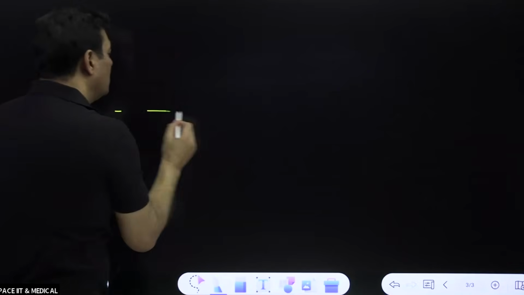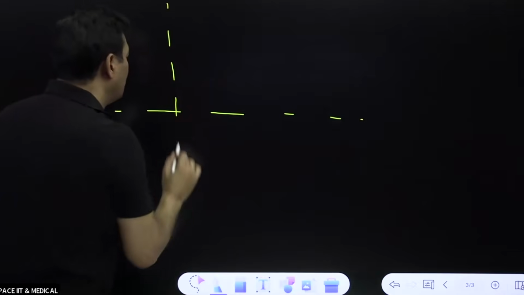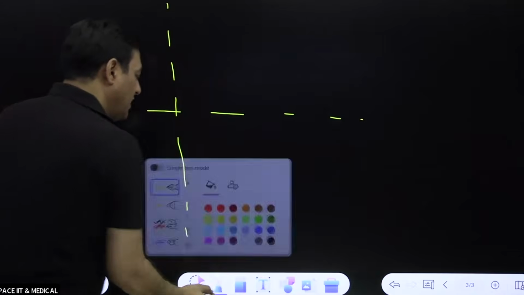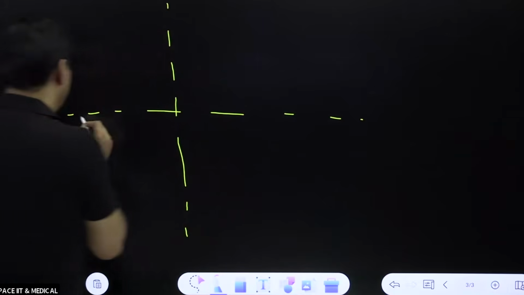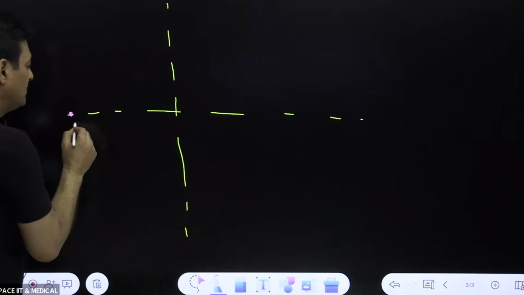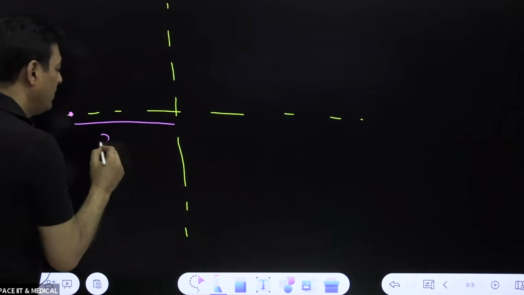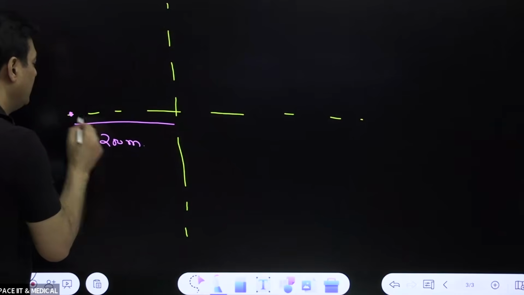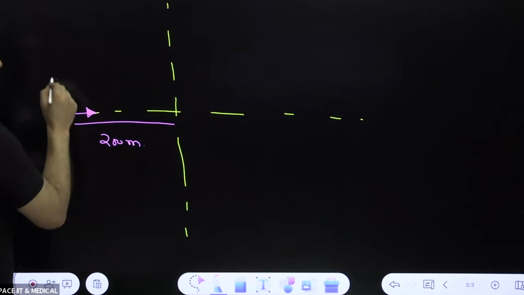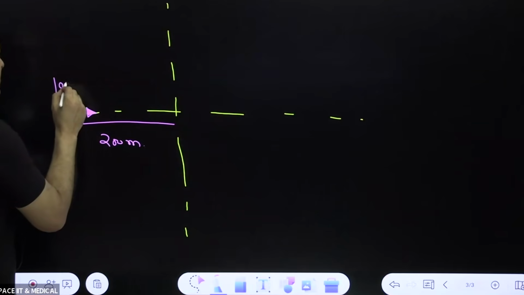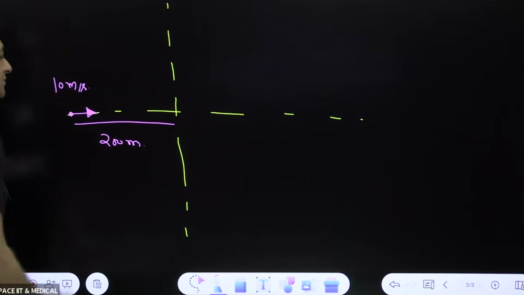This is x-axis, this is y-axis. A man is moving in this direction from here. He is 200 meters away and he is moving in this direction with 10 meters per second speed.